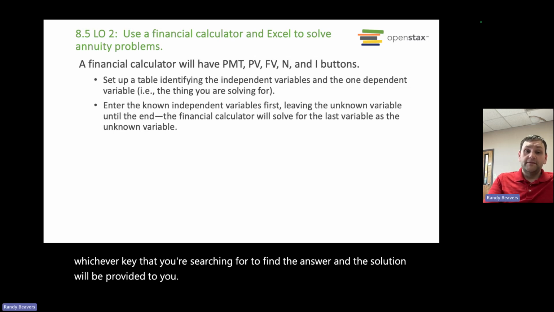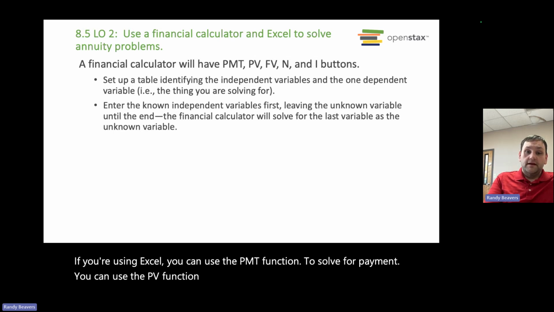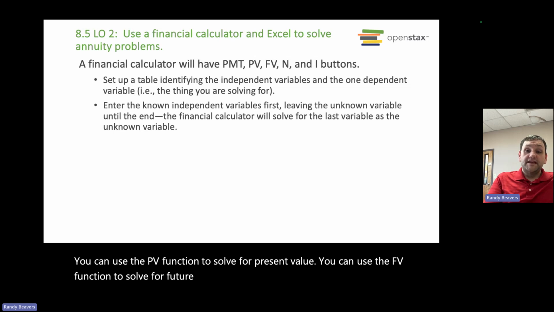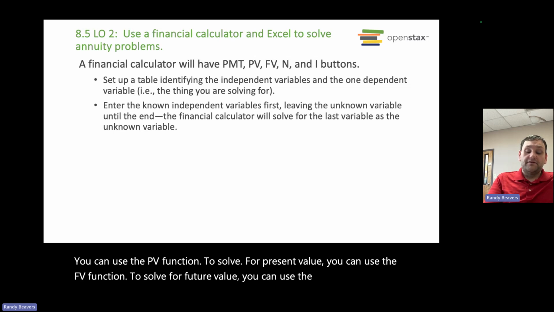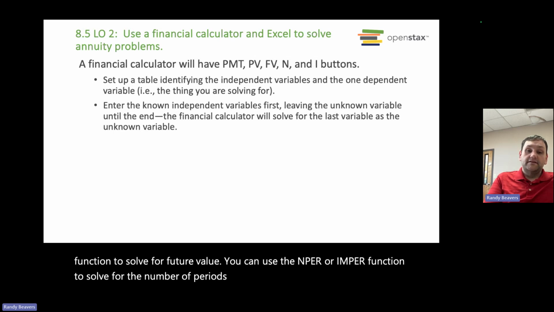If you're using Excel, you can use the PMT function to solve for payment. You can use the PV function to solve for present value. You can use the FV function to solve for future value. You can use the NPER function to solve for the number of periods. And to find the interest rate, you'll use the rate function in Excel.